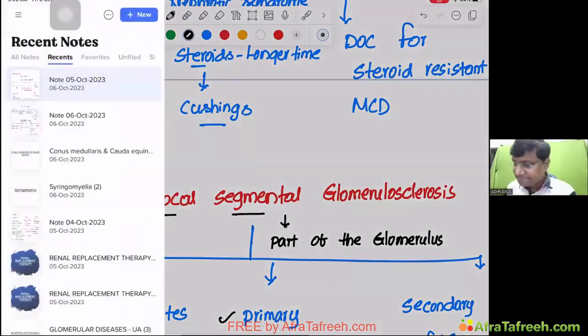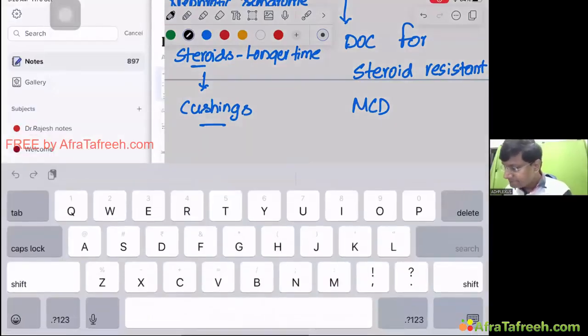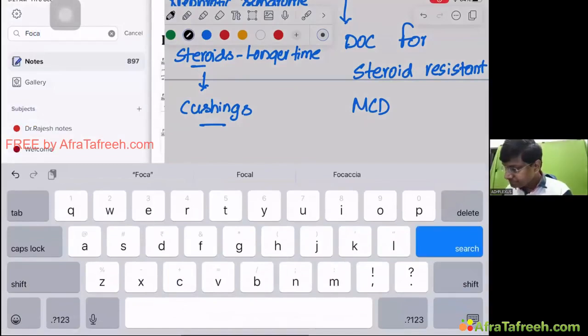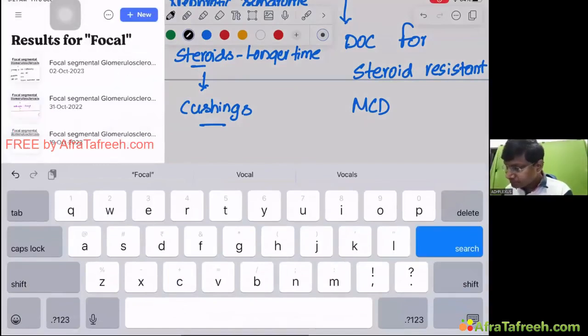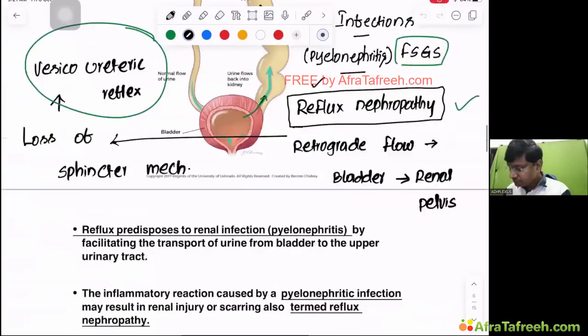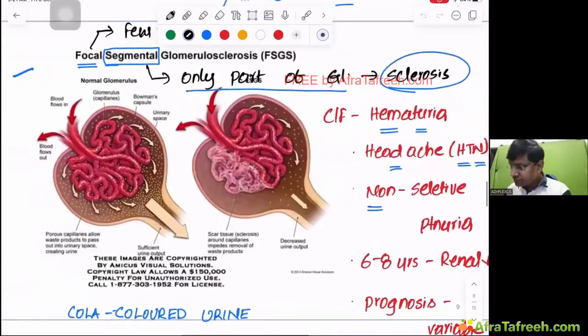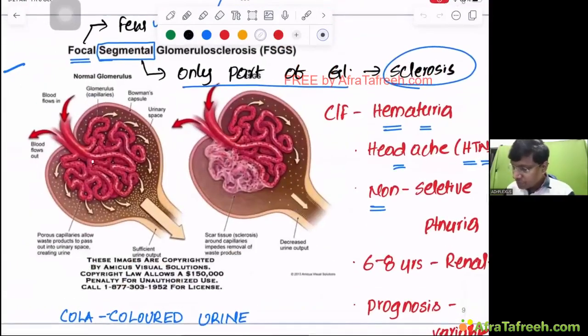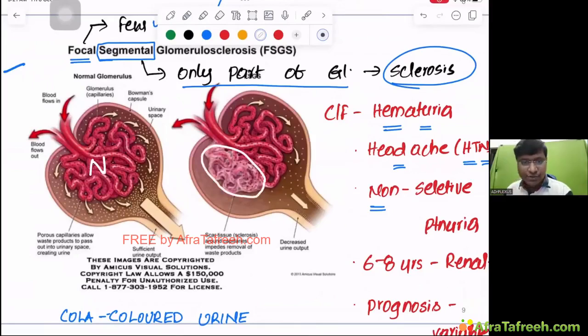So this is what is called as focal segmental glomerulosclerosis. I'll show you that. You see this. This is the normal glomeruli. N stands for normal glomeruli. But here you observe this part of the glomerulus, it is sclerosed.